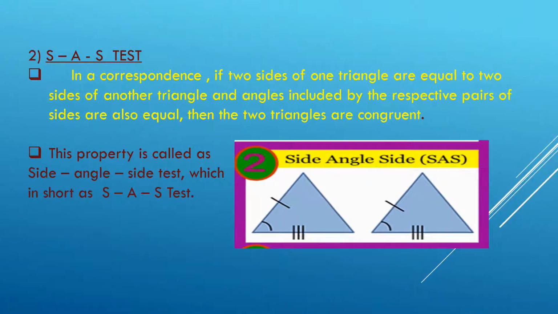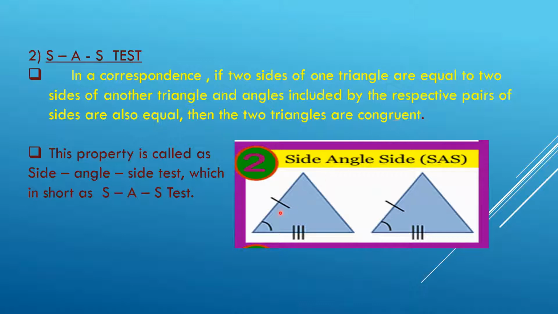Second one, SAS test. In a correspondence, if two sides of one triangle are equal to the two sides of another triangle and the angle included by the respective pairs of the sides are also equal, then the two triangles are congruent.